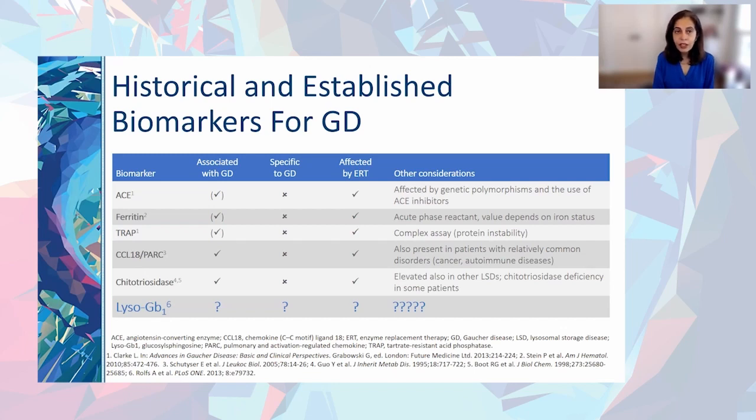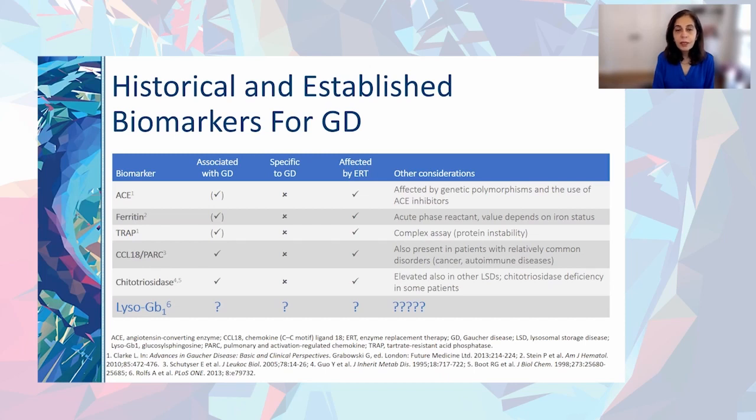Chitotriosidase, used a lot in clinical practice, the same theme, but is also elevated in other lysosomal diseases, and some patients carry a polymorphism resulting in a chitotriosidase deficiency, making it not valuable in the monitoring of patients with Gaucher disease. And then let's come to lyso-Gb1, also known as glucosylsphingosine.